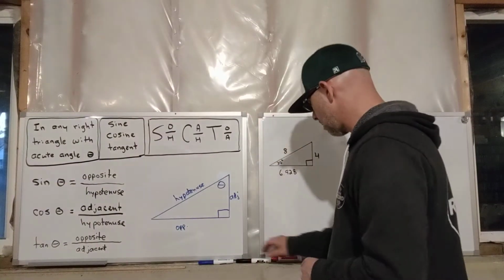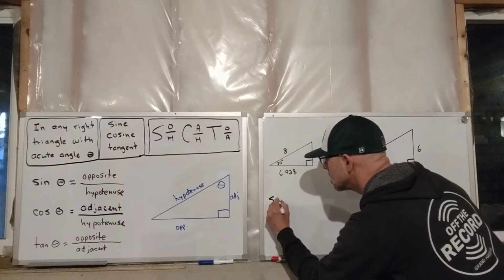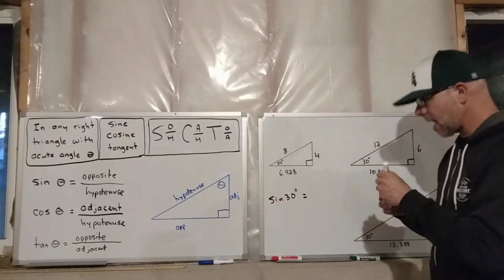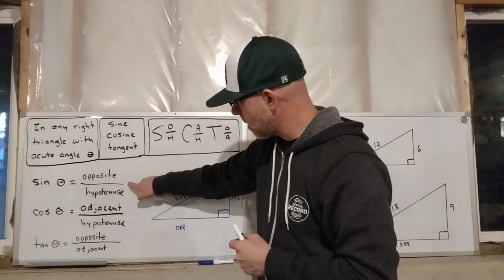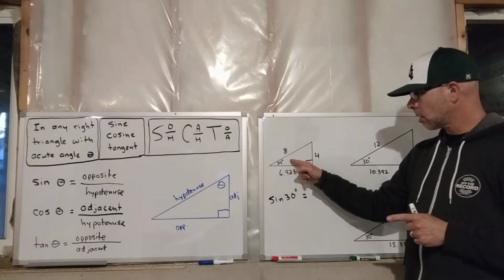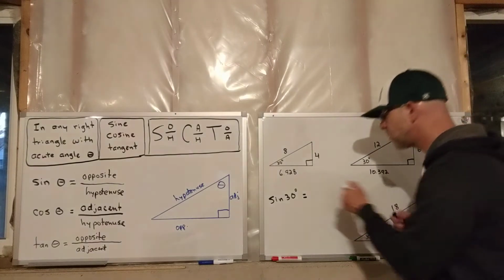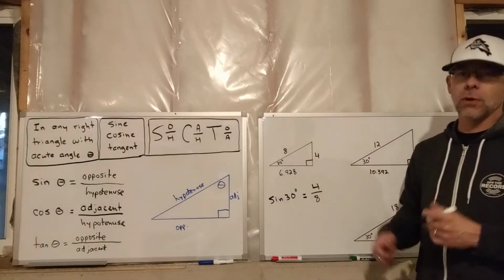Well, let's think about that. I don't care which picture. Let's say sine 30 degrees. Let's say I said use the definition of the picture, meaning what's opposite divided by hypotenuse? In these pictures, across from the 30 is 4, the hypotenuse is 8. 4 over 8, 0.5.